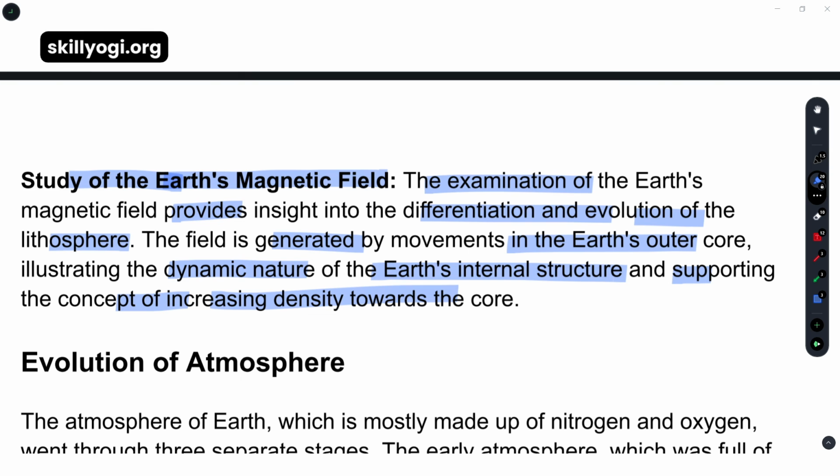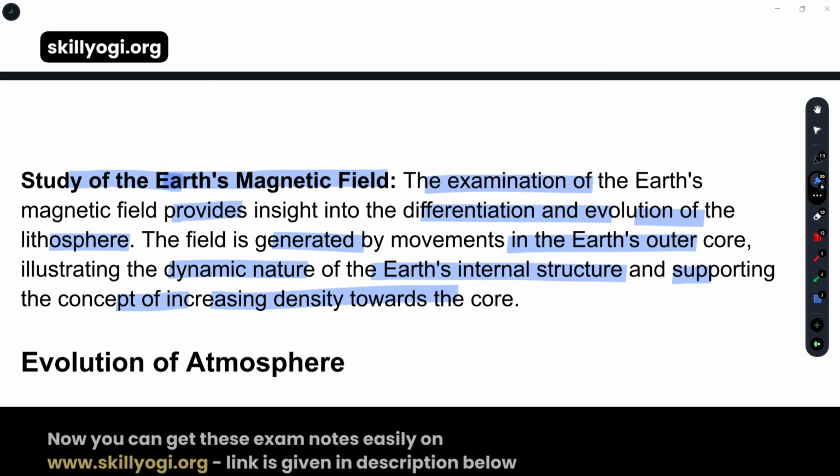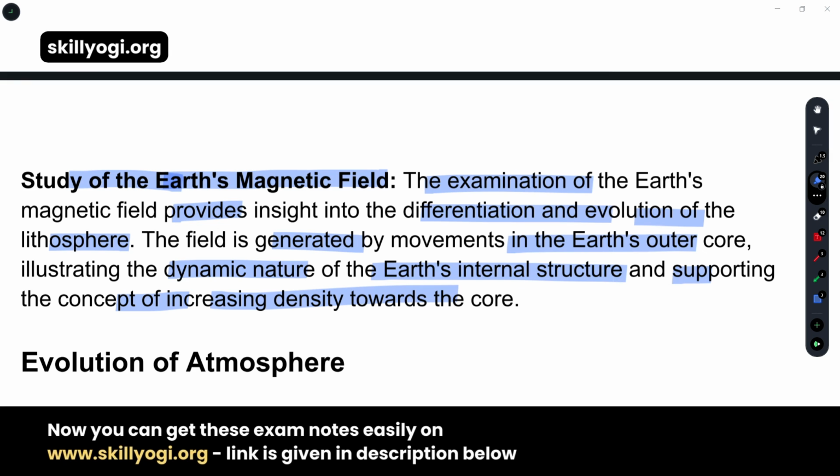When you are going somewhere which is very much denser compared to other places, that means the density is also going to increase a lot. That is the main point of this theory of the evolution of the lithosphere.